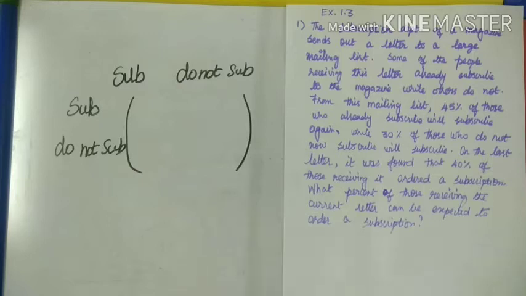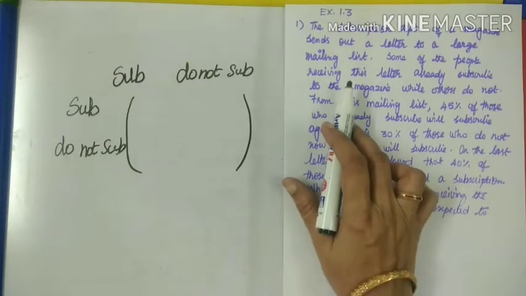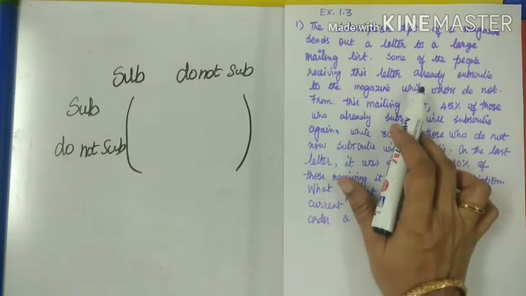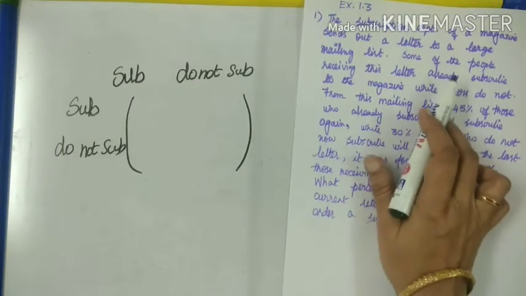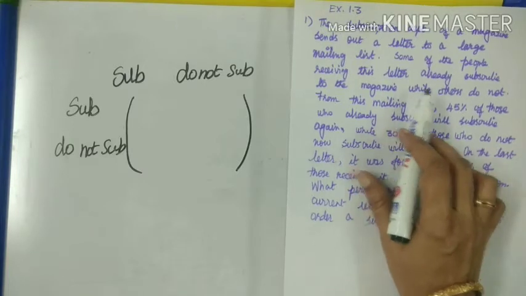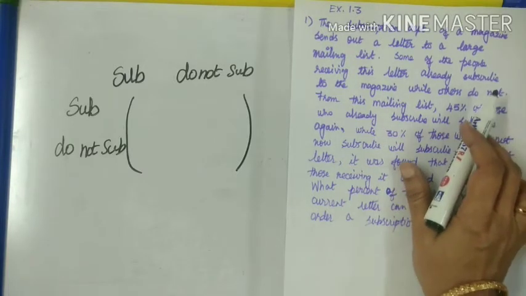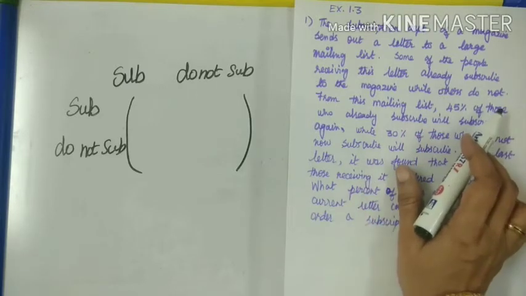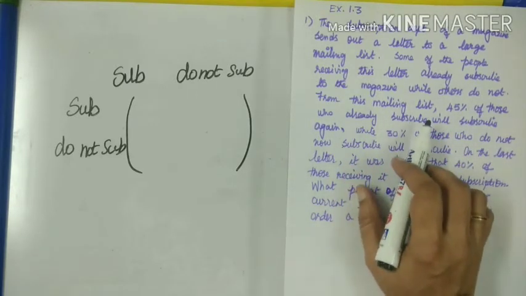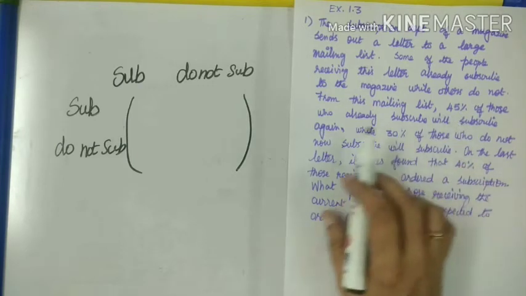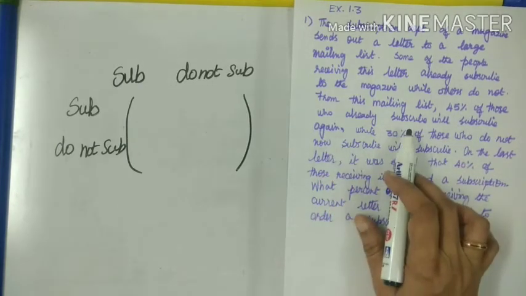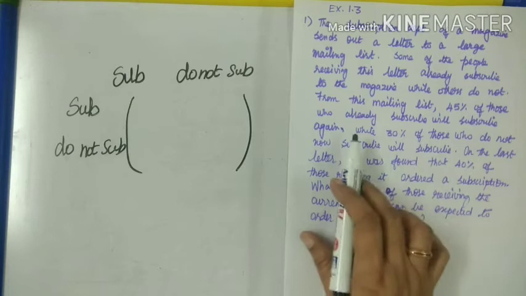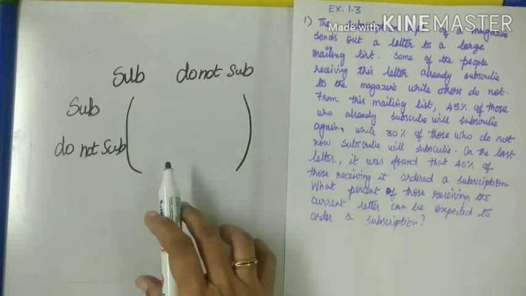So this is a subscription for a magazine. They send a letter to a large mailing list. The first statement says some of the people receiving this letter already subscribe to the magazine, while others do not. From this mailing list, 45% of those who already subscribe will subscribe again. This is the important line that we need for the matrix.